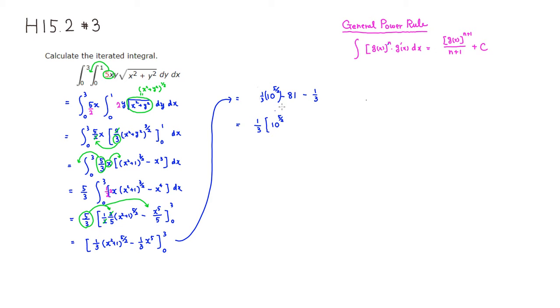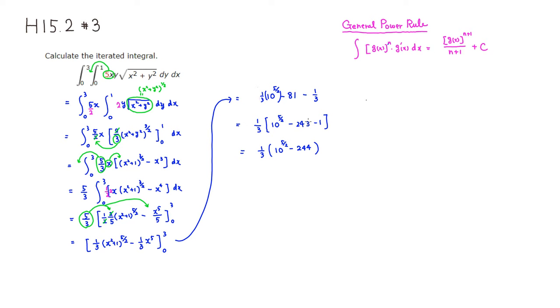If you pull out 1/3 here, the 81 becomes, you have to multiply by 3: 1 times 3 is 3, and 3 times 8 is 24, so 243. Then minus 1. So this is going to be 1/3 times 10 to the 5/2 power minus 244. So we got that.